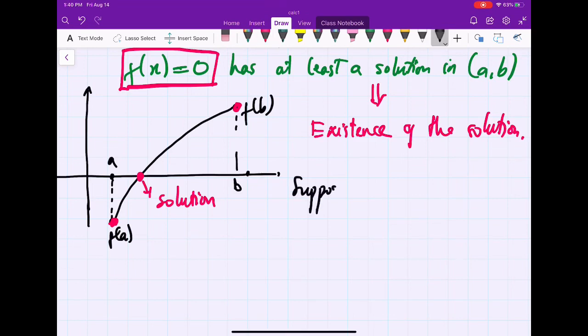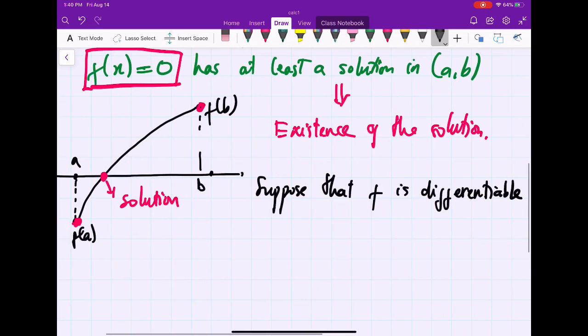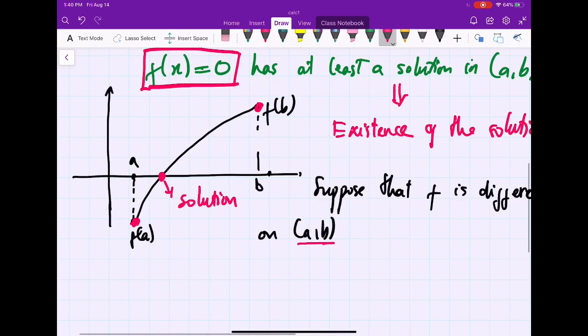You suppose that f is differentiable, which means the graph of this function has a tangent line at any point on the considered interval, right? Then we may use the following method to approximate the solution if we cannot solve that.